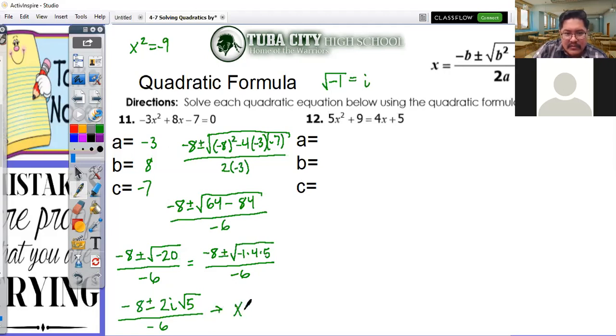So x equals the set of numbers of 4 plus and minus i root 5 all over, nope. So again, divide everything by 2. So negative 6 divided by 2 is going to be 3. Now again, I should say negative 3. And if you put negative 3 down here, I'm fine with that.